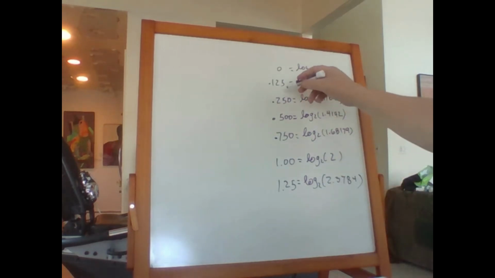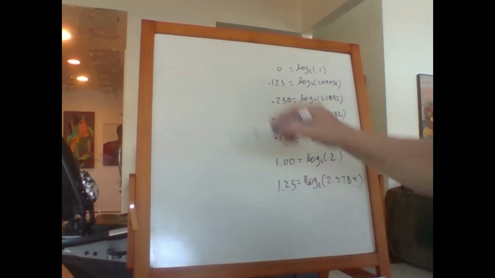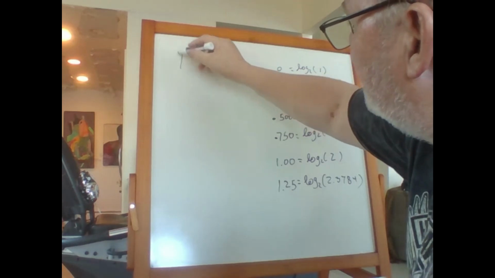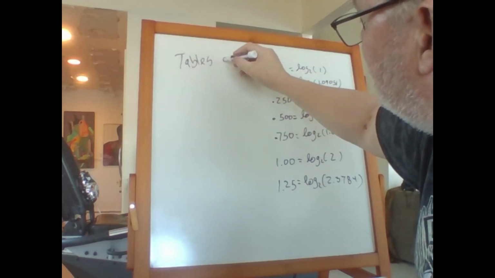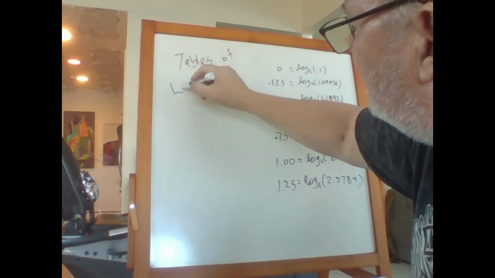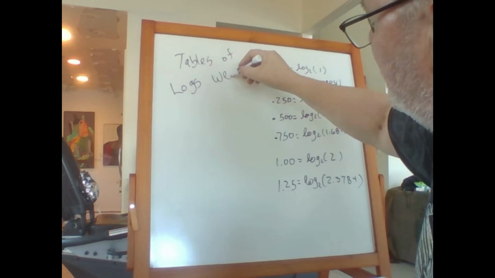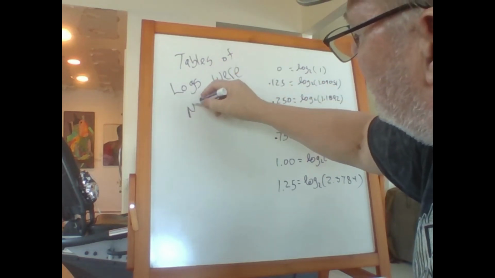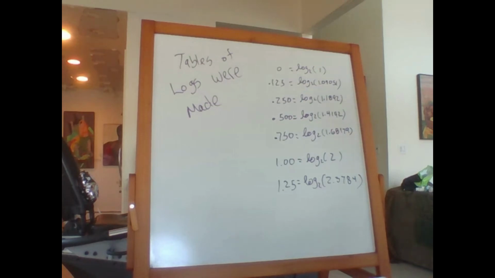And if you need a number in between here, you interpolate. The interpolation is going to be off a little bit, but not too bad. But this is how tables of logarithms were made. And people just sat there doing these calculations.